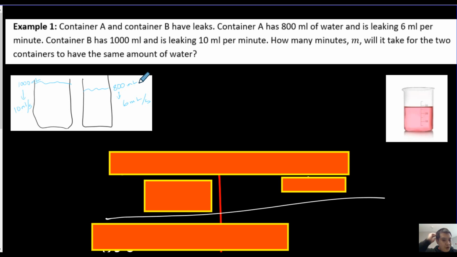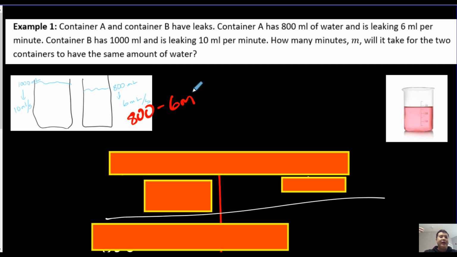So we need to come up with an expression that represents the left-hand side's level after m minutes and the right-hand side's after m minutes. Well, since it starts off with 800, our constant is going to be 800. It's going to go down 6 milliliters per minute. So this one is going to be 800 minus 6m.